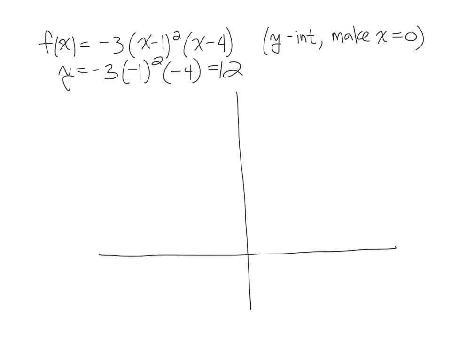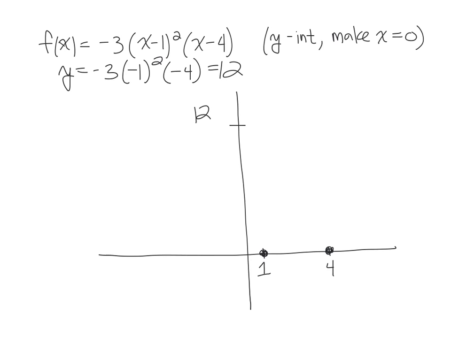So for the graph down here, the first thing I would like to do is plot all of the points. There is a 0 at 1. Put a point there. There is a 0 at 4. We'll put a point there. There's a y-intercept at 12.